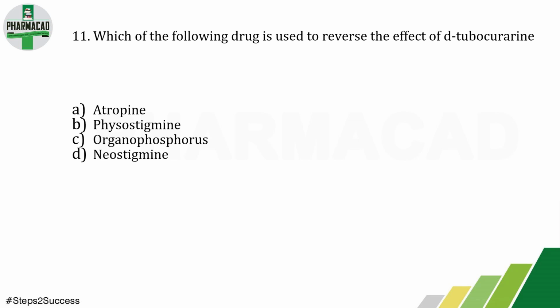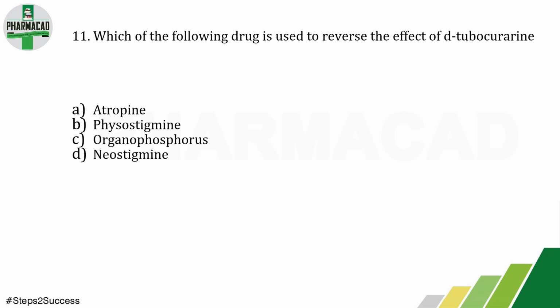Next question: which of the following drugs is used to reverse the effect of tubocurarine? The options include atropine, physostigmine, organophosphates, or neostigmine.